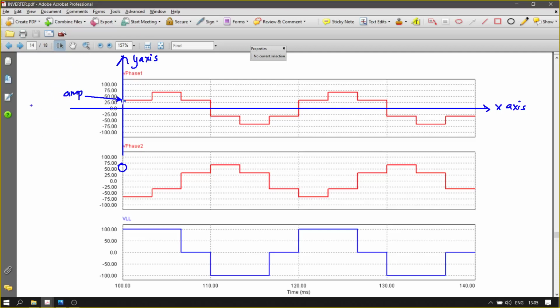In 120 degree conduction mode, the amplitude is always Vin over 2 here, and the top one will be Vin for line to line, isn't it? But this is different. For 180 degree, go back to the previous video and identify what the amplitude will be for this. I can't remember.